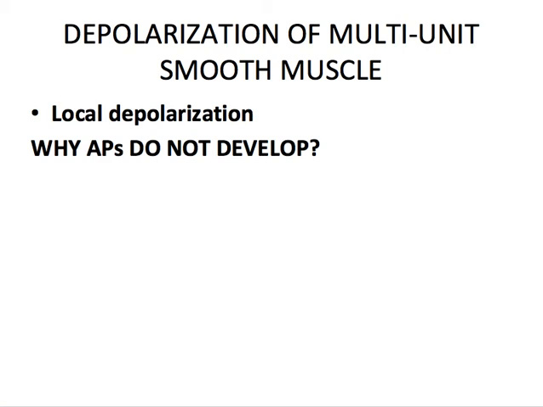First, let's understand the depolarization in multi-unit smooth muscle. There is only localized depolarization in multi-unit smooth muscle which results in contraction. It is postulated that no typical action potential is produced because the muscle fibers are too small to produce an action potential.